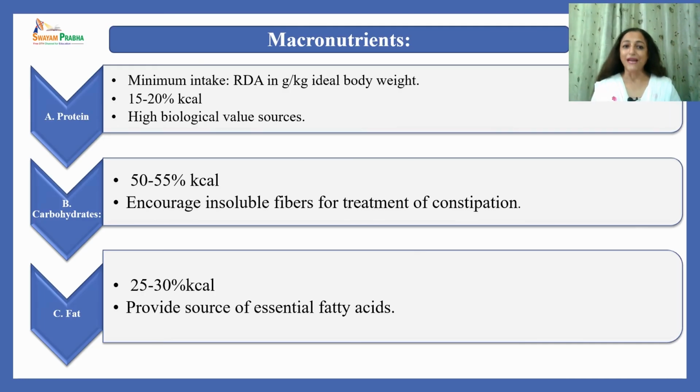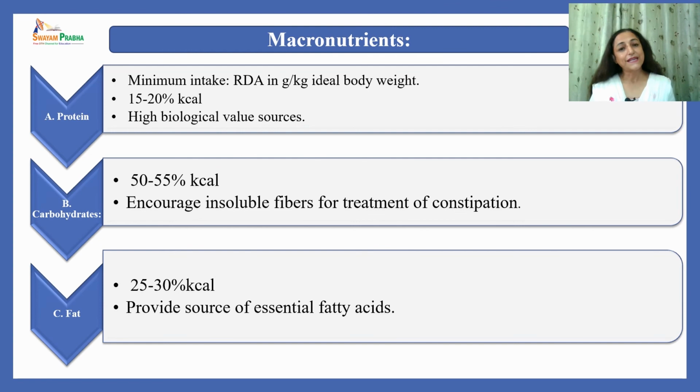So coming to macronutrients, protein should provide around 15 to 20% of calories, and it should be chosen from high biological value food sources. And carbohydrate should provide 50 to 55% of kilocalories. And it is important that we encourage the person to take insoluble fibers because they will help in treating constipation.